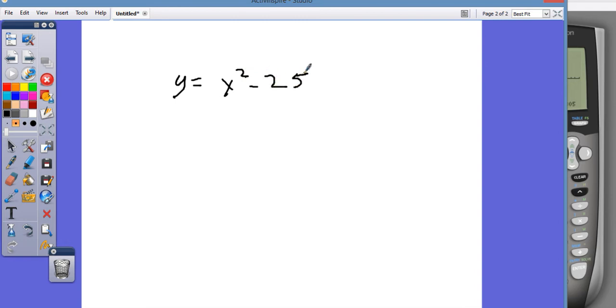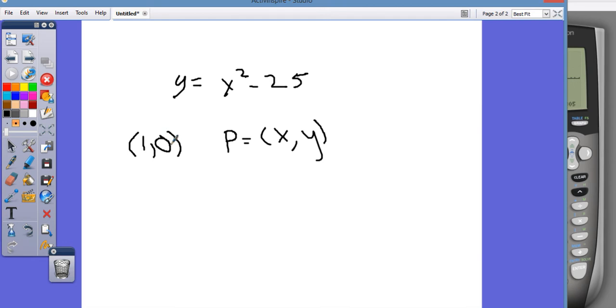It's saying if a point is on that graph, express the distance from point P, which is 1, 0, to any point on the parabola.